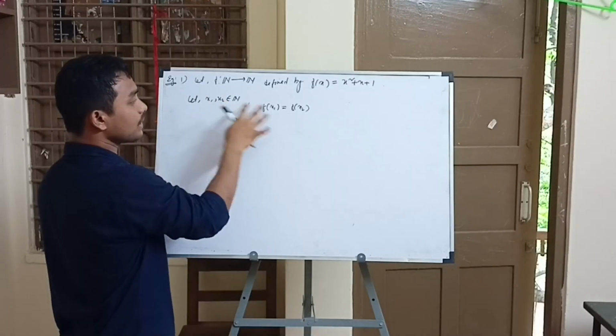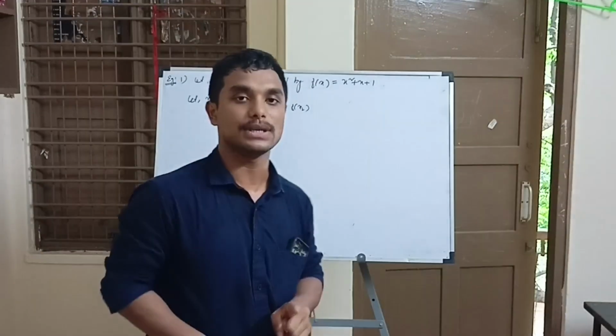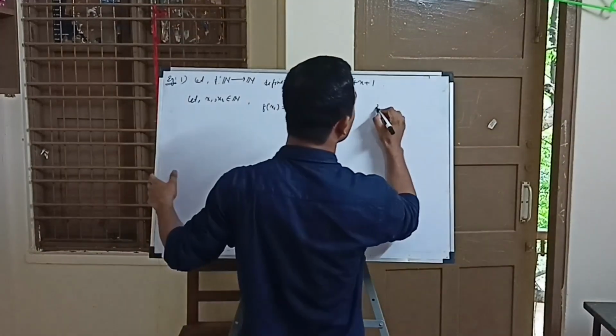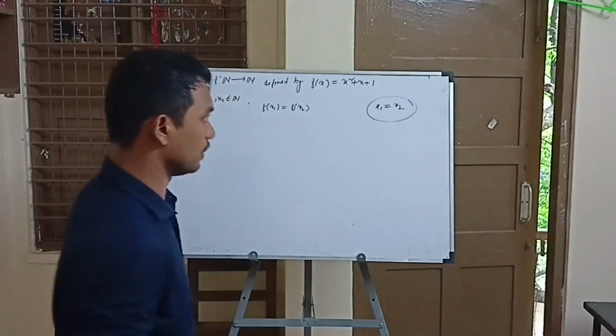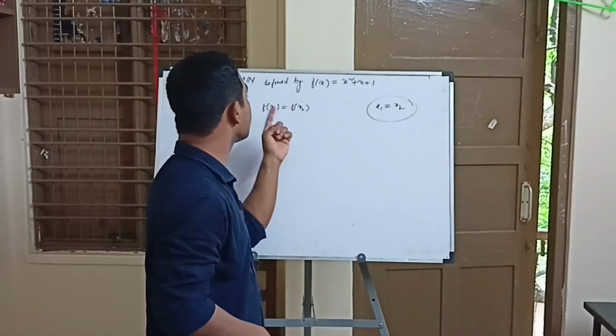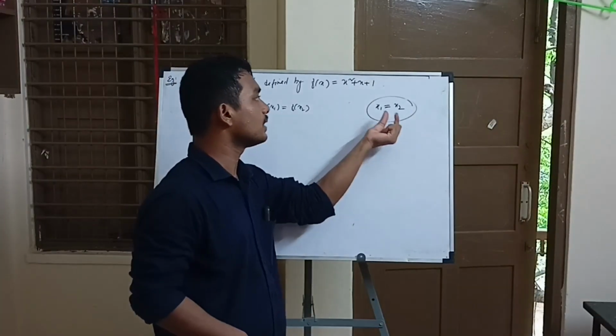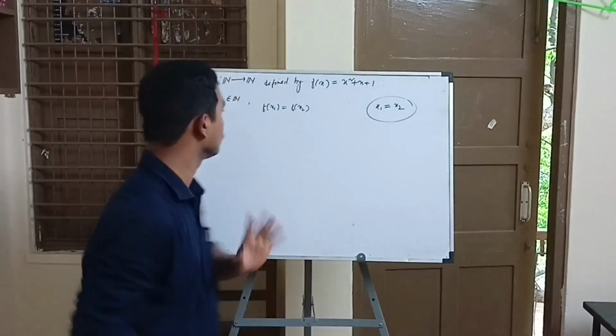If their images are equal, then their pre-images must be equal. That means x1, x2. For being one-one, we have to check whether, if f of x1 is equal to f of x2, then x1 equal to x2 holds or not. Correct?